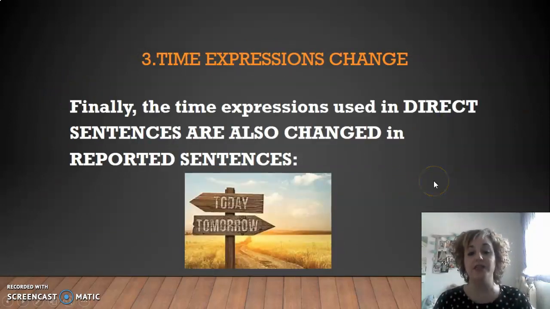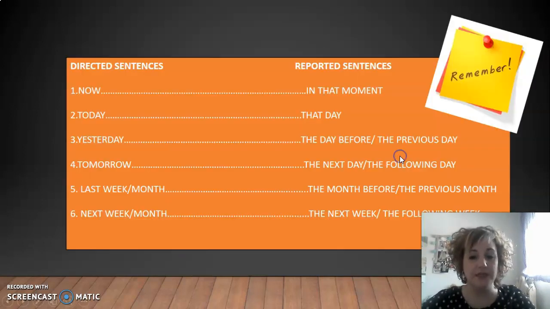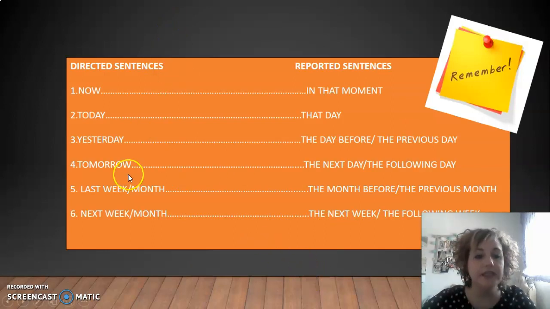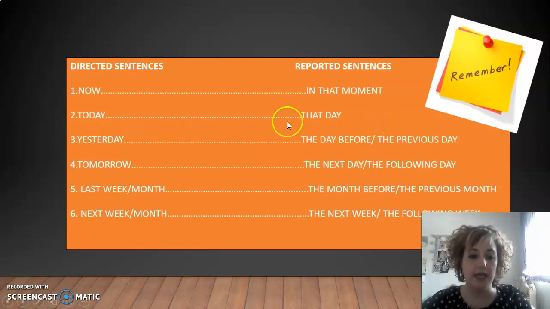And now the time expression change. Finally, the last part that we have to take into account is that the time expressions are also changed. We are going to see a summary as well. Another table to take into account. If we have indirect sentences now, in the reported one, we will say at that moment. If we use today, that day. Yesterday, we could say in two different ways, the day before or the previous day.